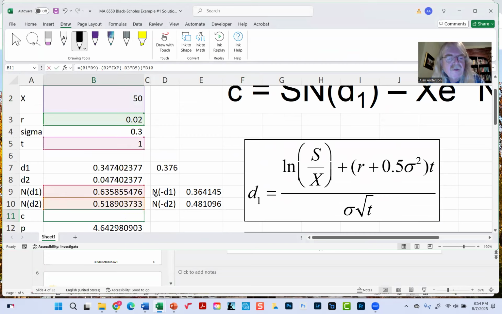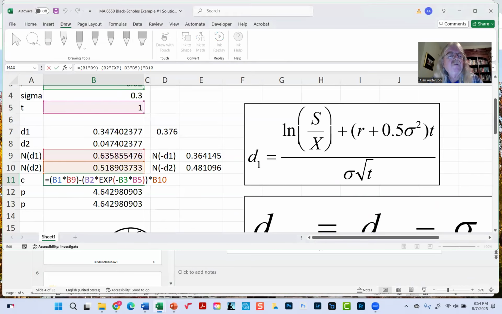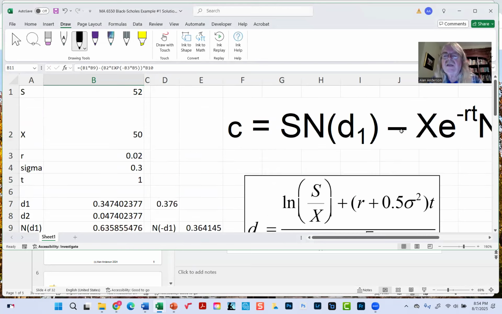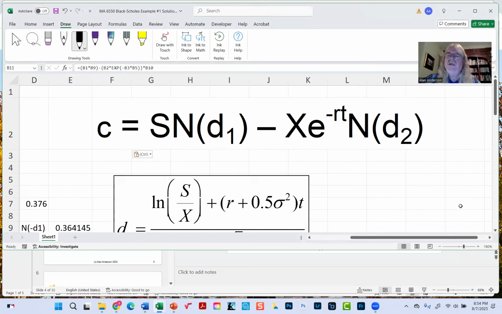The stock price is multiplied by, and the stock price is way up here, by the way, B1 times B9, which is N(d1). Now, for the second part of this formula, we have X e^(-RT). Think of this as the present value of X dollars. In other words, that number that you're seeing there is less than X. That tells me how much I would have to save right now to have X dollars at time T when the interest rate is R.